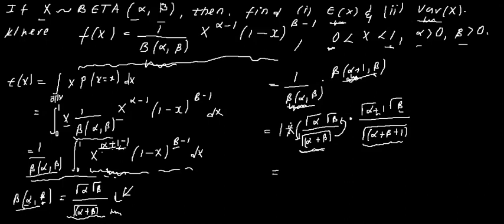Let's do that. On top we will have, in brackets, gamma of alpha plus beta, then gamma of alpha and gamma of beta here, multiplied by something we need to change here. So gamma of alpha plus 1 is equal to, first of all, we take the parameter out: we say alpha, and we remain with gamma of alpha.